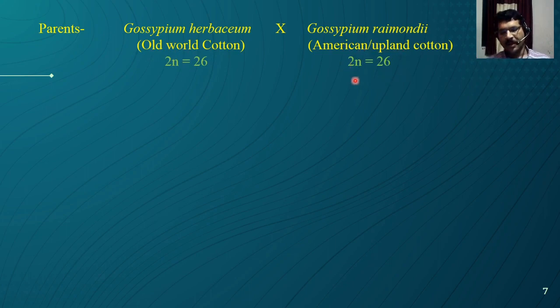Naturally, the F1 derived from these two parents will get 13 chromosomes from the first parent and 13 chromosomes from the second parent, and it will also be diploid, containing 26 chromosomes. The parents' diploid number was 26, and here the diploid number is 26, but all are univalent, meaning they are not paired chromosomes.